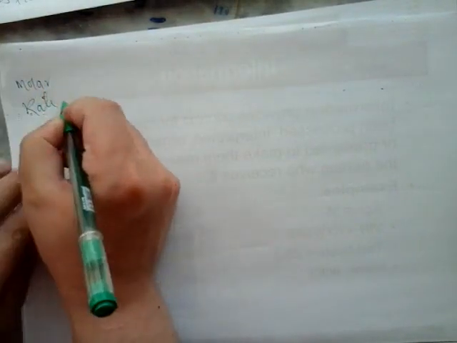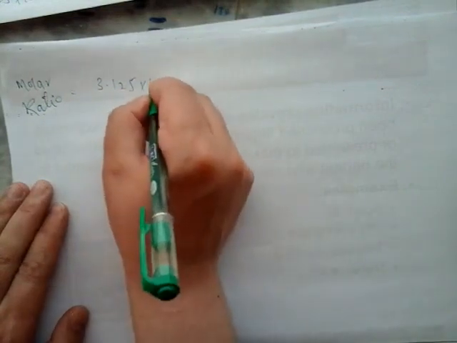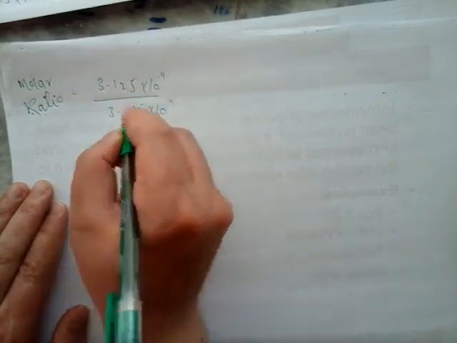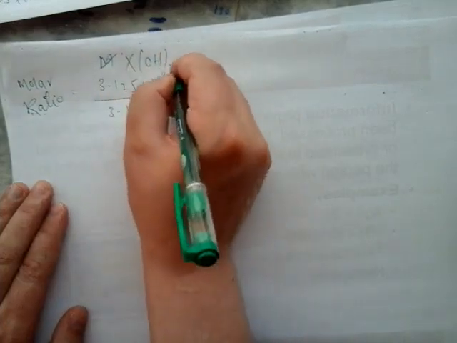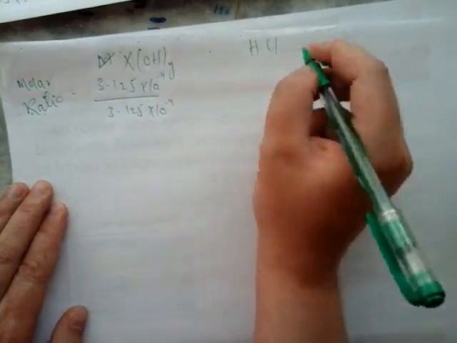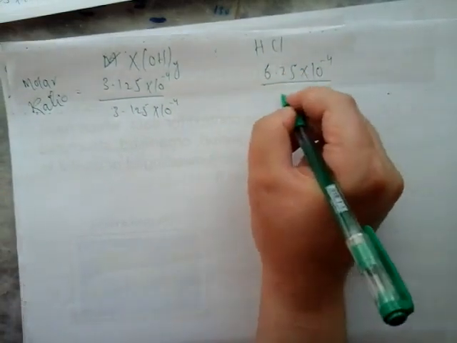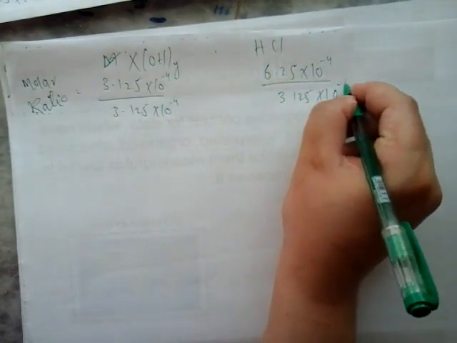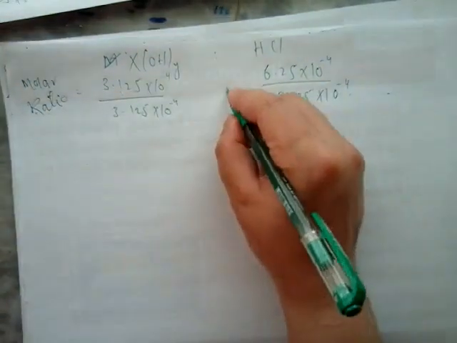And this way, for molar ratio, we have to select the smallest value, that is 3.125 into 10 raised to power minus 4. These were the moles of the metal hydroxide into HCl, and that HCl mole was 6.25, which is larger value, into 3.125. We will divide both the values by the smallest value which is present in the ratios.